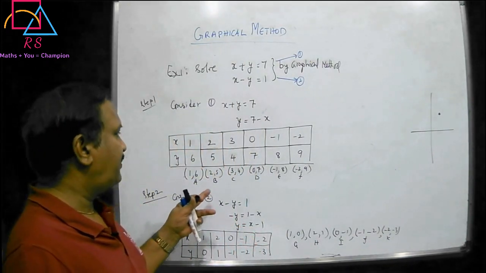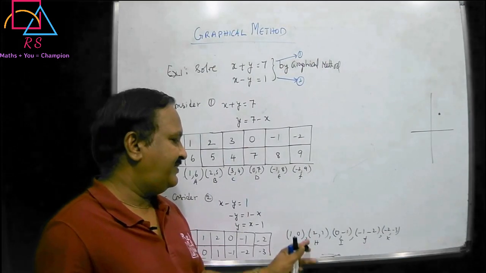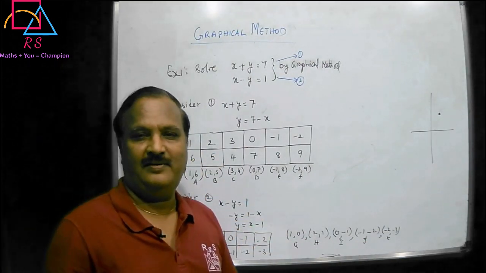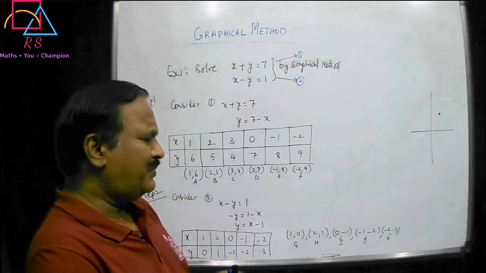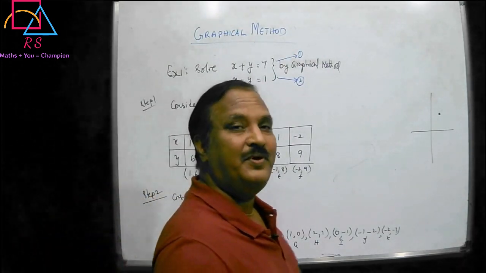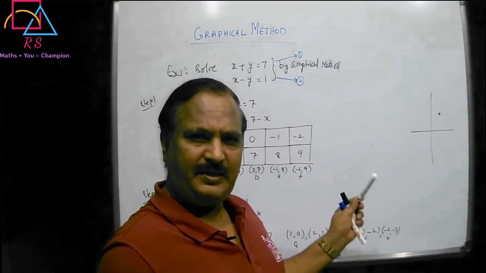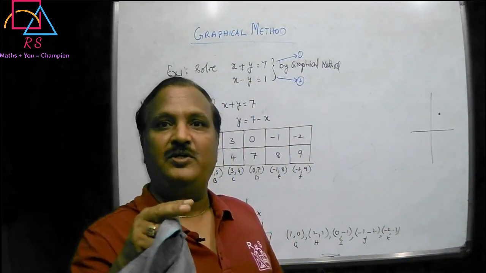Now, in total how many points are there? A, B, C, D, E, F, G, H, I, J, K. Actually, here 3 points are okay, but it is better if you have more points. It is not compulsory. Don't take only 2, take a minimum of 3.